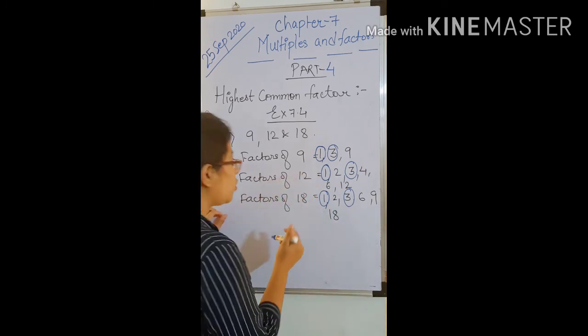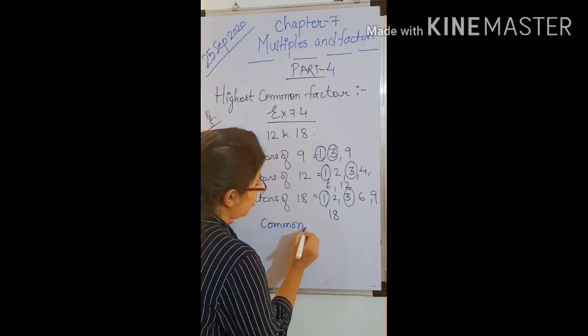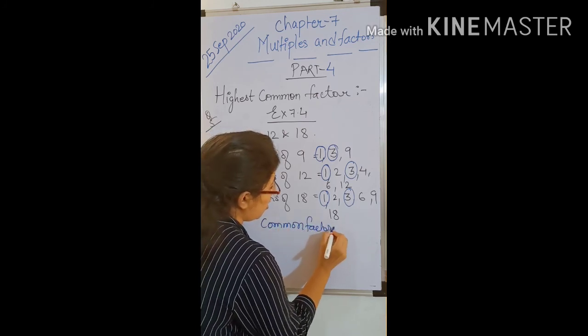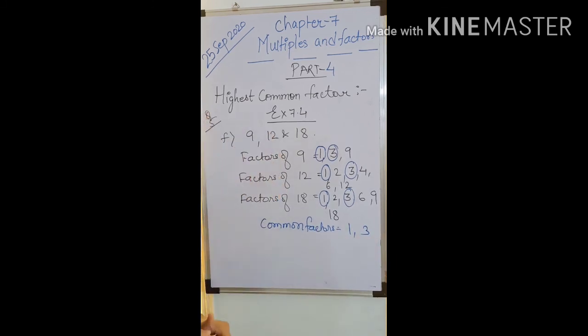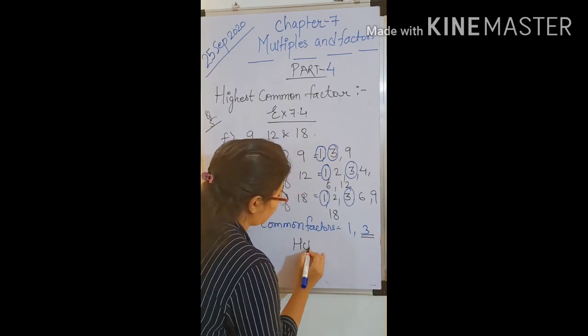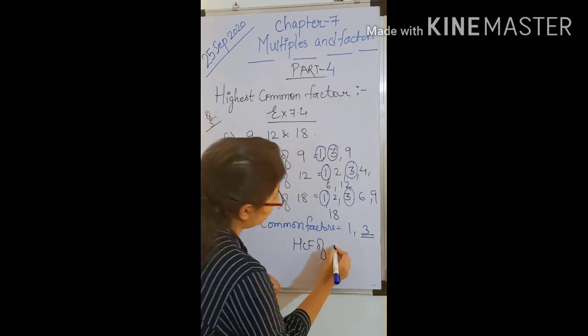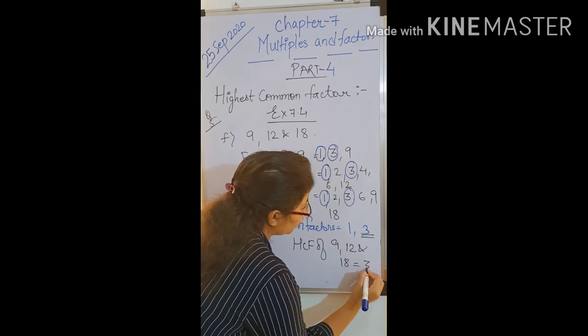No. We find only 2 common factors over here, which are 1 and 3. Now, which number is greatest in the given factors? 3. So the HCF of 9, 12 and 18 will be equal to 3.